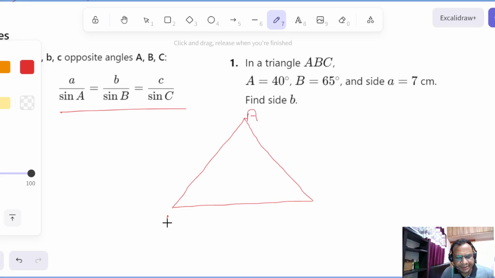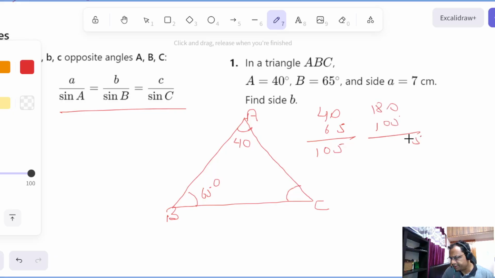This is ABC. Angle A is 40. B is 65 degrees. So basically, you can find out C because the two angles have already been given, right? You just add them and that becomes 105, and you subtract 105 from 180 and you get 75. So we are able to find out the three angles.